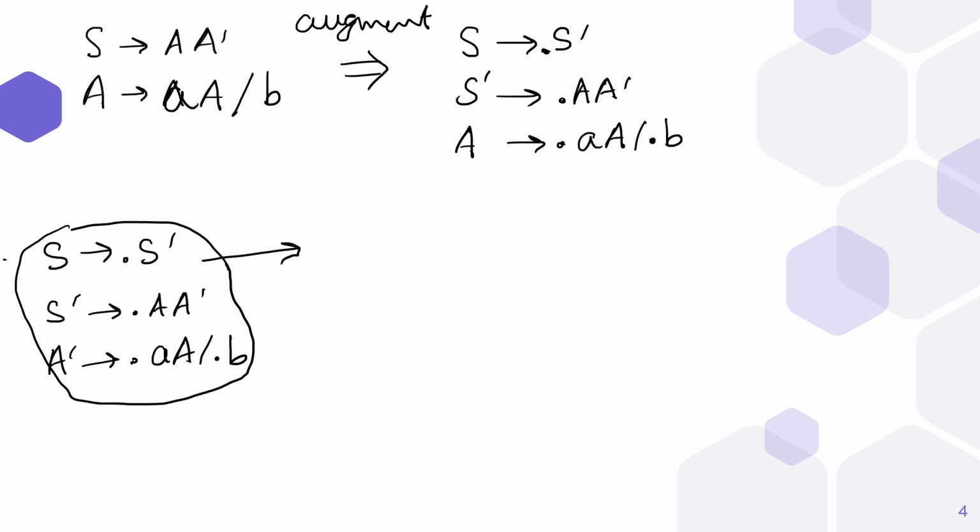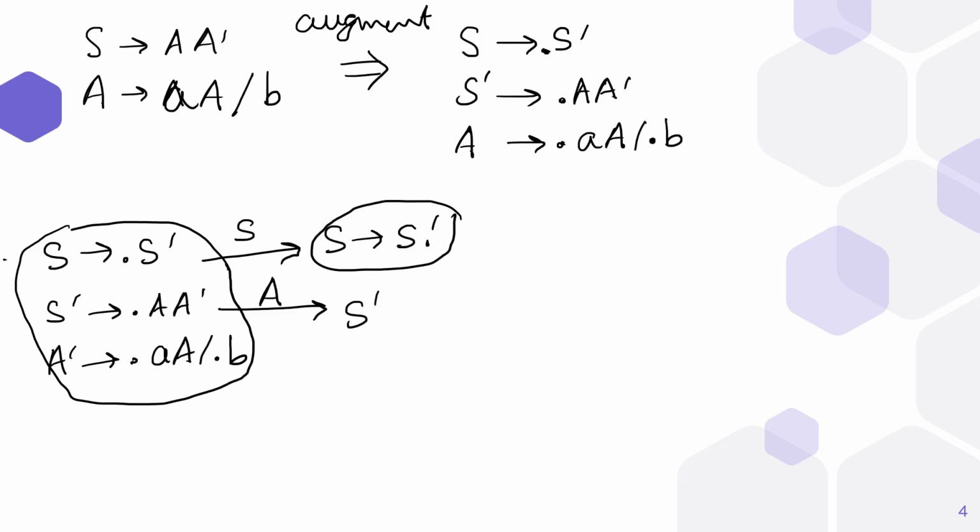If I want to read S, then I would call shift on S. So it would look something like this. Here you can see that the dot is at the end of this particular production. That means that it has successfully been read. Similarly, we would shift A. Shifting A will give us A dot A dash. Here you can see that we have successfully read capital A and capital A dash is still left.